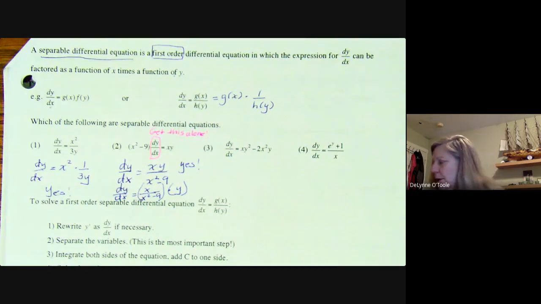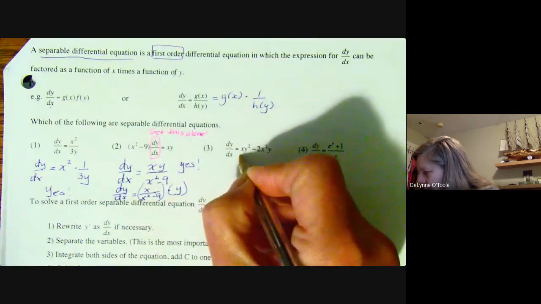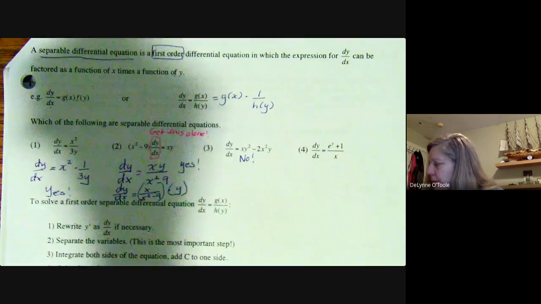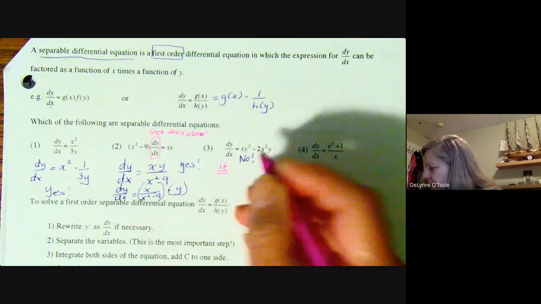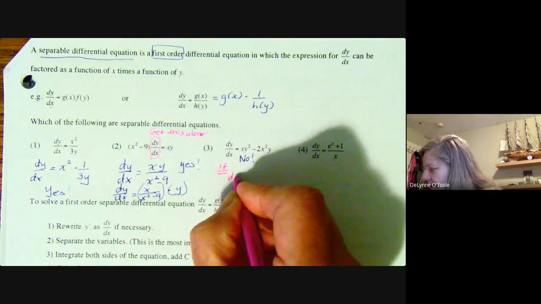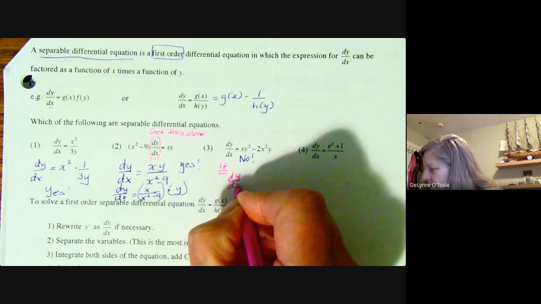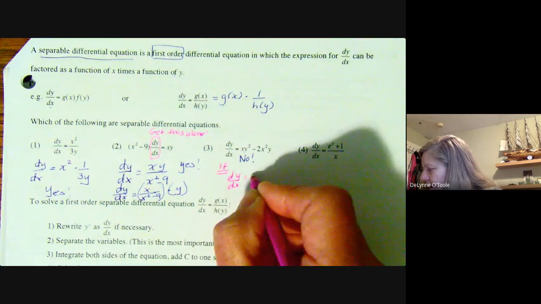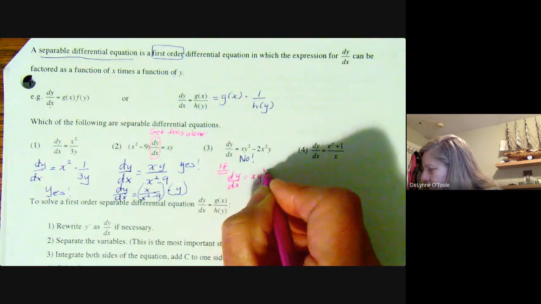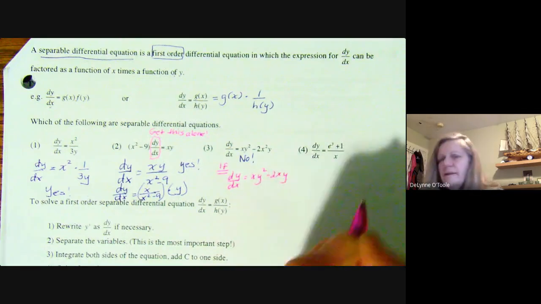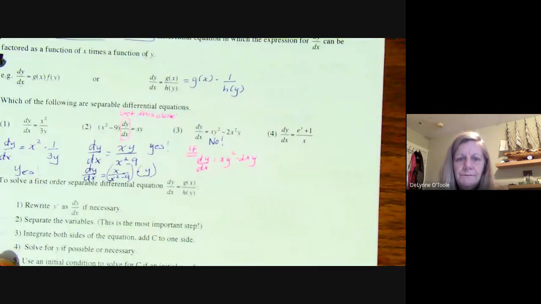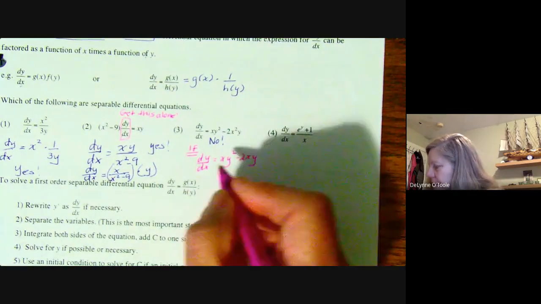Okay, this is a no. That's a no as it is written. Okay, but I'm going to say if this had been written like this, if this had been the function, that one is separable because you can factor out the x.